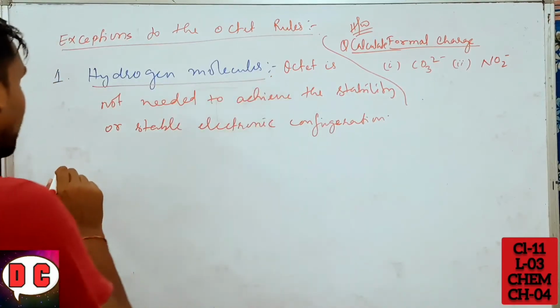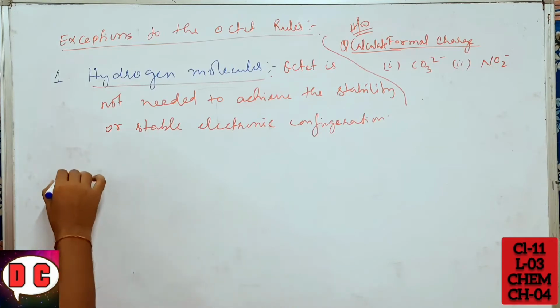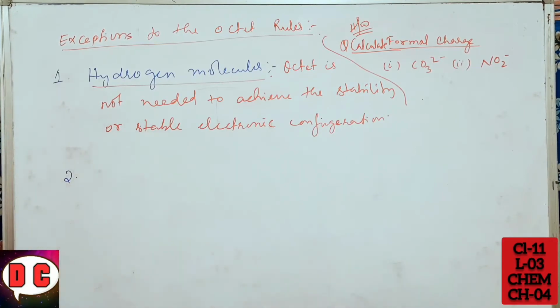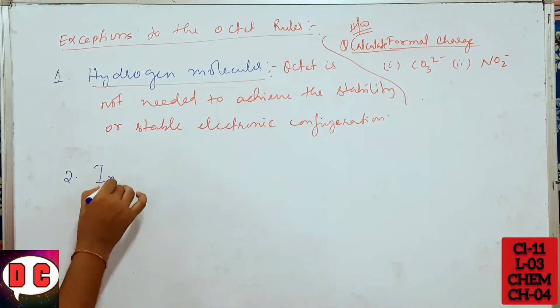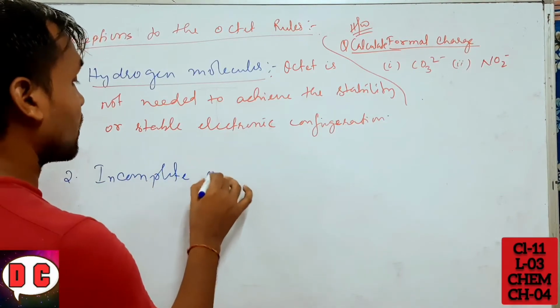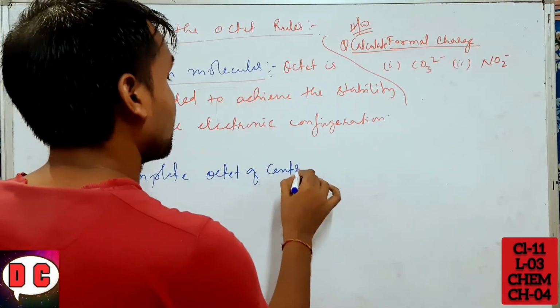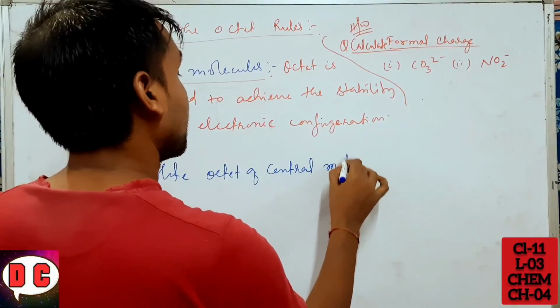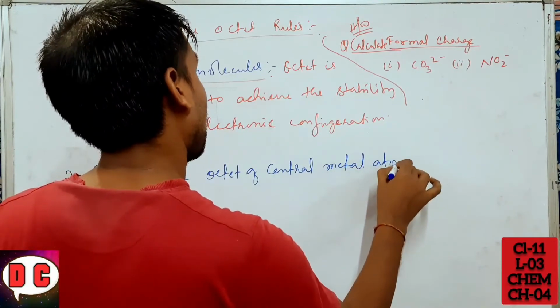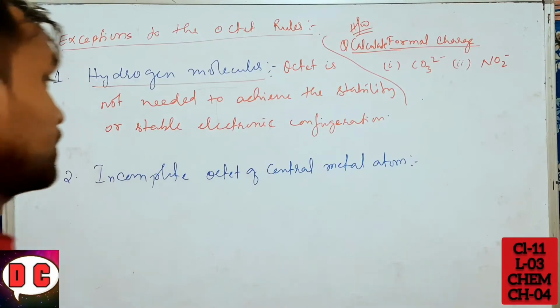The second exception made in the octet rule was the incomplete octet of the central metal atoms.